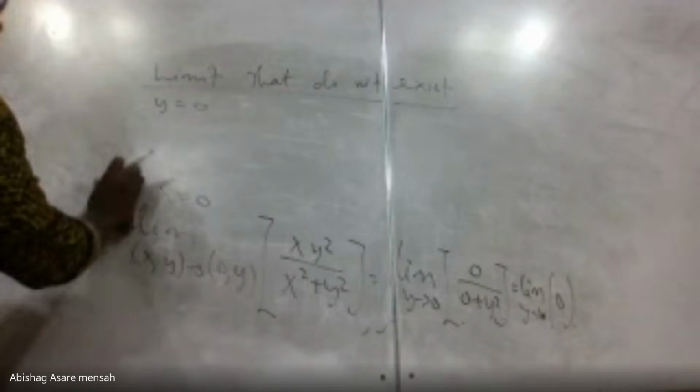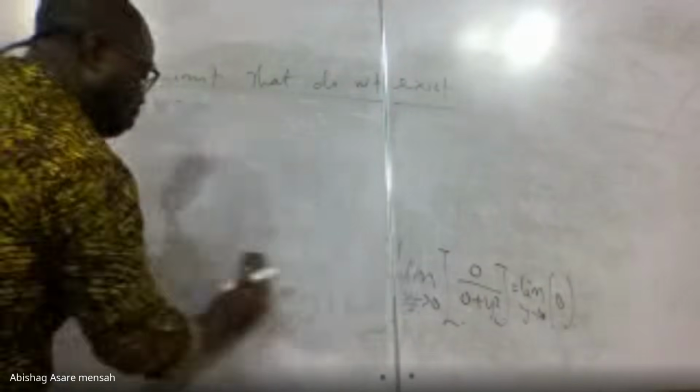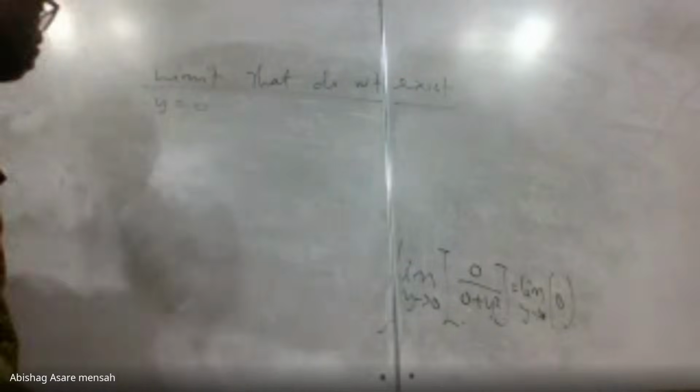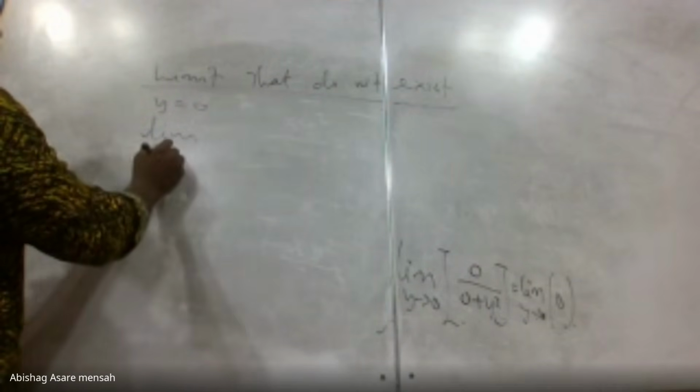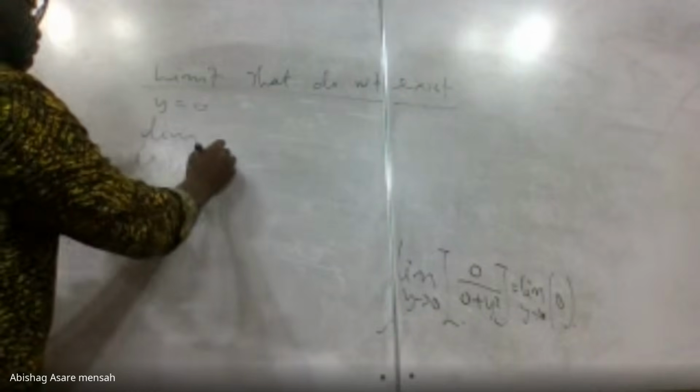Now let's set y to be 0. We are setting y to be 0. If you set y to 0, in the limits, I have this one, x will be the same, y will be 0.